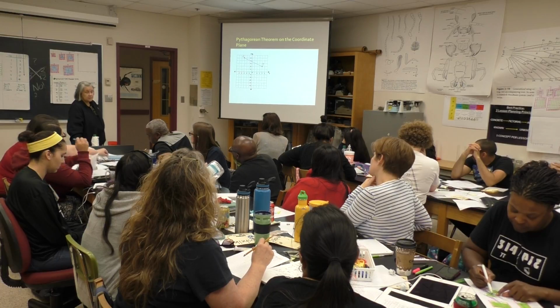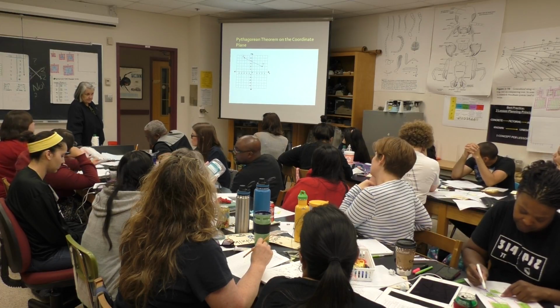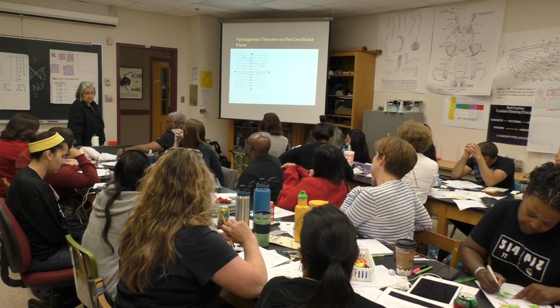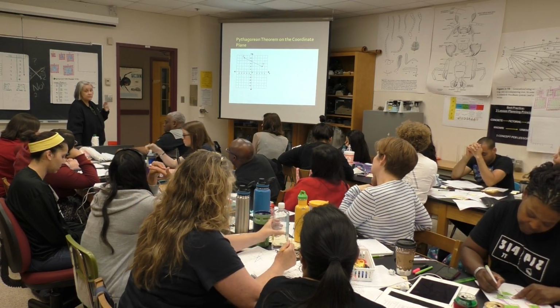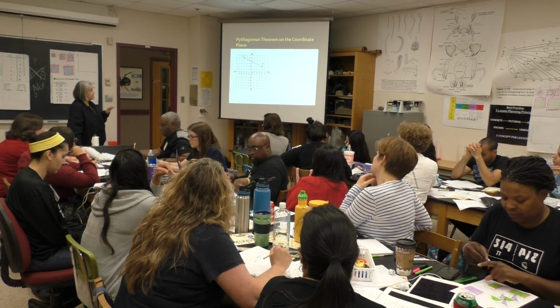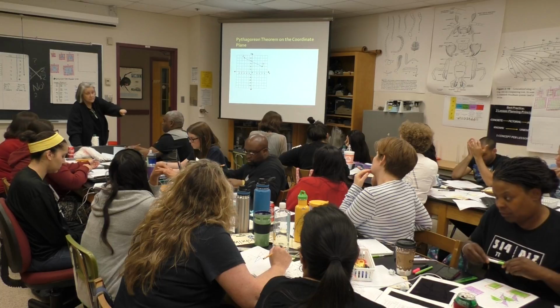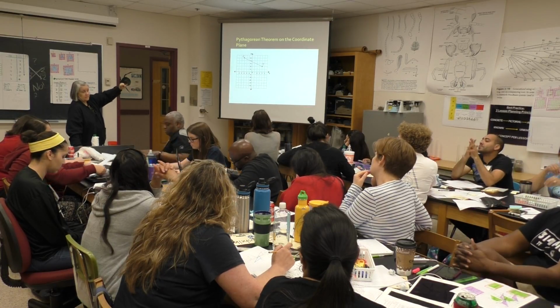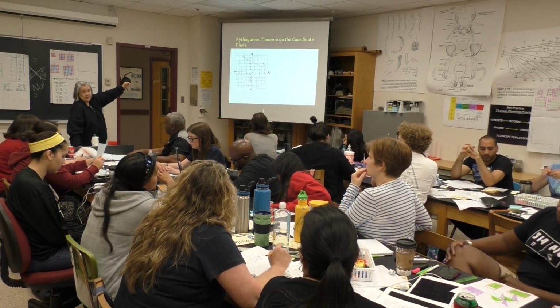Now for you science people, this is displacement. But in math, it's distance. So don't let those words confuse you, and don't let those words confuse your students. In mathematics, distance is a straight length. And that's science's displacement. I hope I said that right. Did I say it correctly?